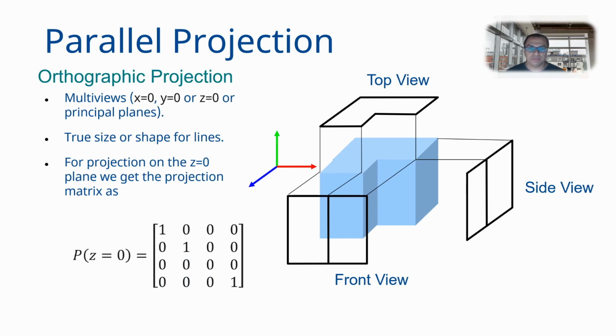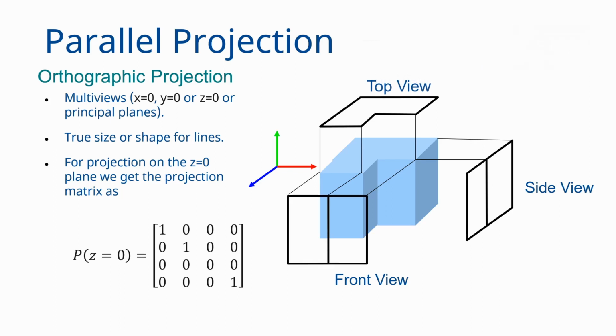So what is so special about the orthographic projection? Well, we have a number of constraints here. Since it is a parallel projection, the projectors are parallel to each other.